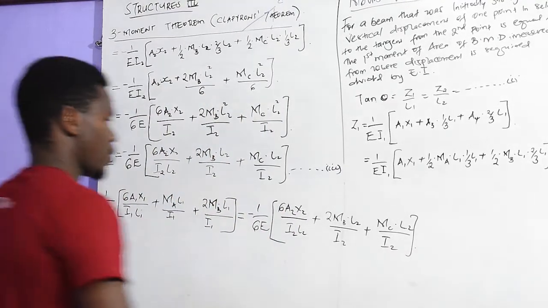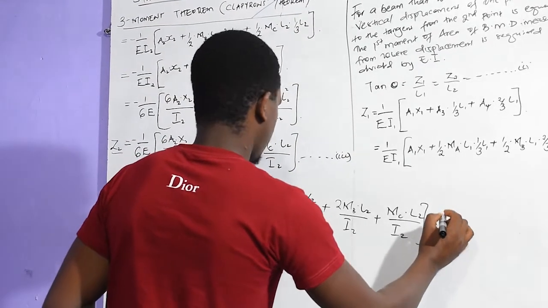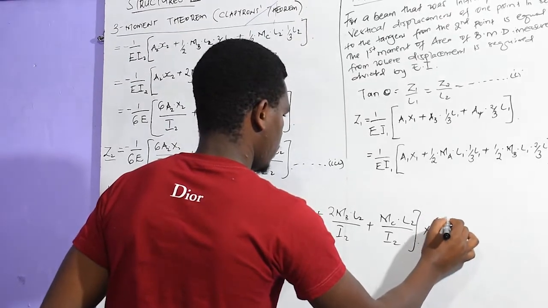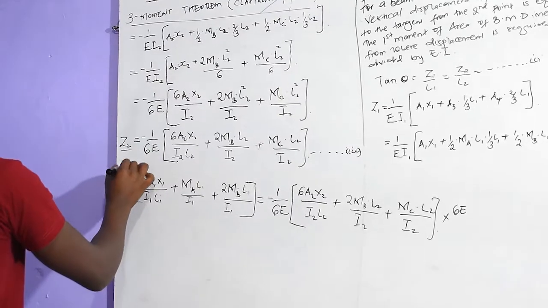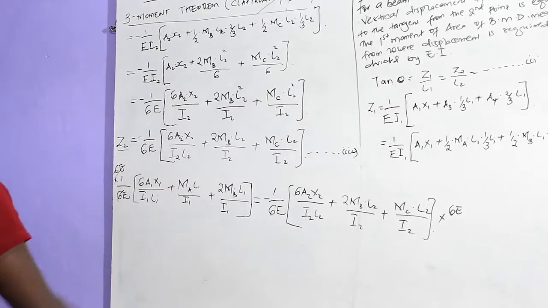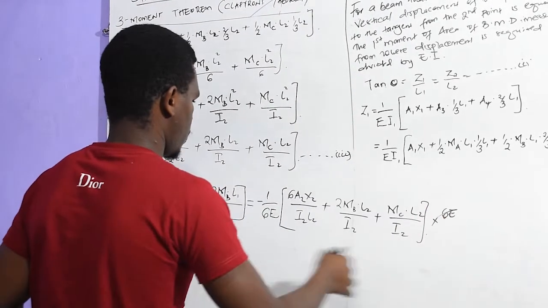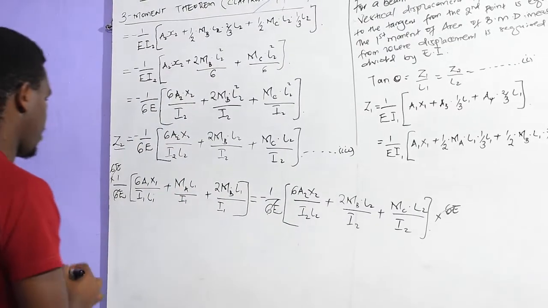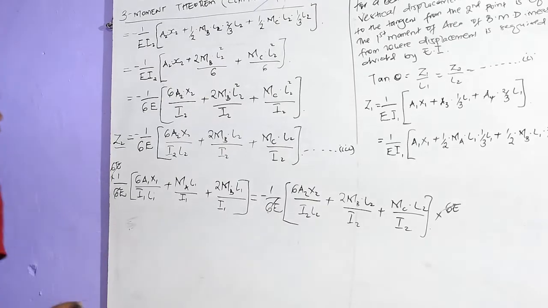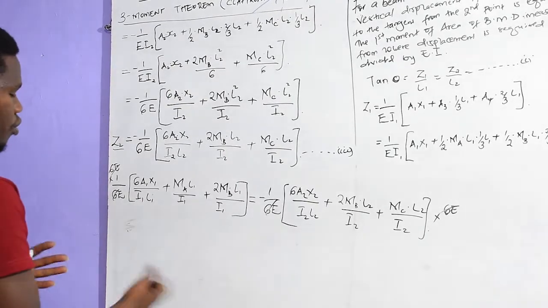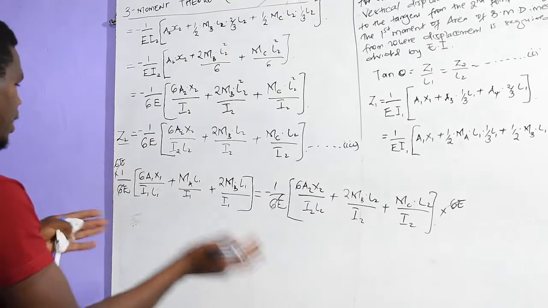So you can multiply this side by 6E and this side by 6E, and therefore these will cancel out, like so. Therefore, from there we can put the moments together on one side and the areas on one side.